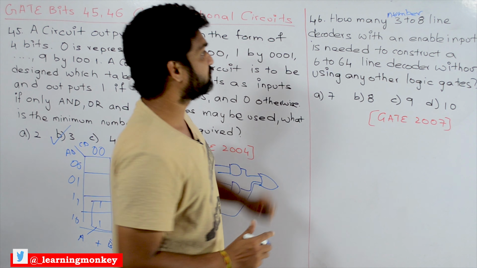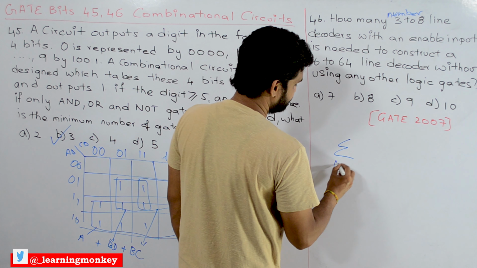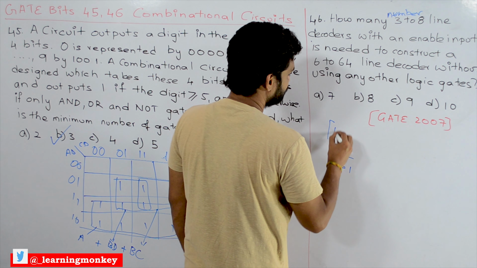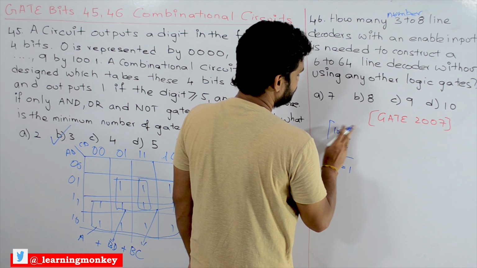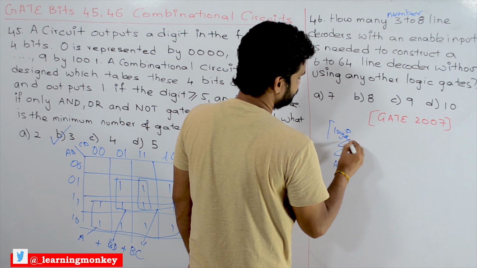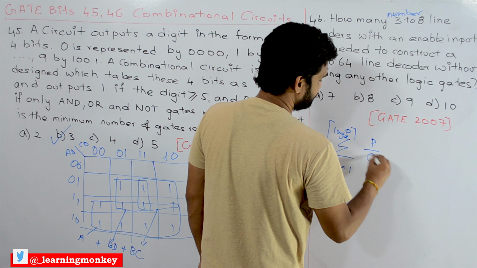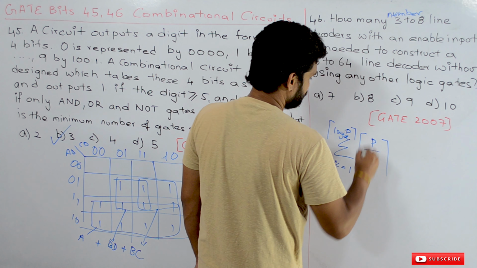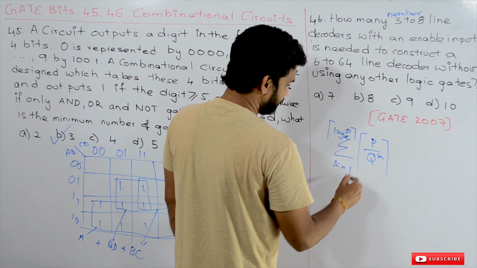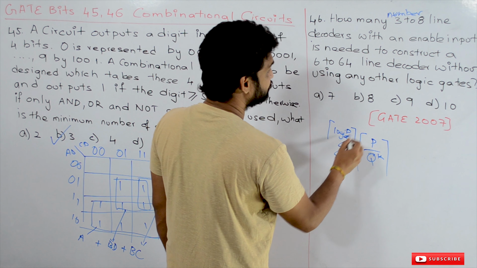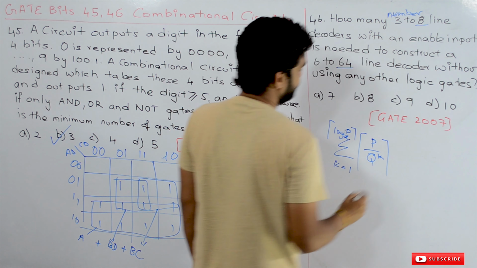The formula that we have discussed is the sum over k equal to 1 to log p base q of p by q power k. Now if you try to implement this, p is 64 and q is 8.